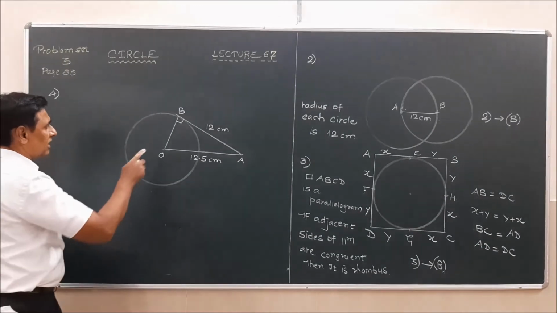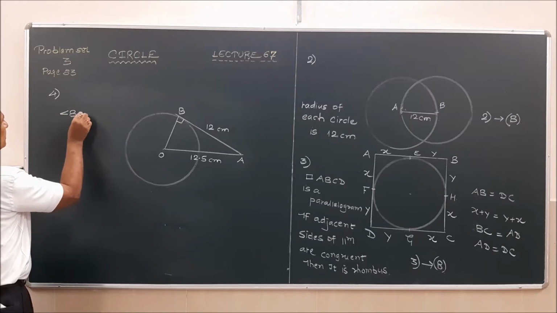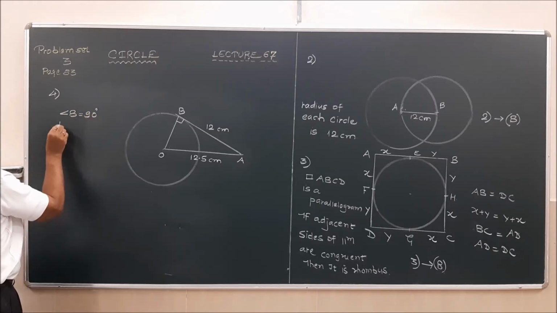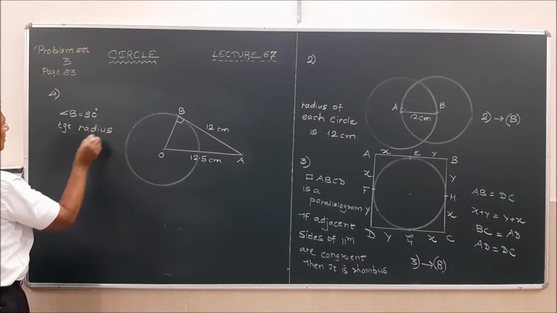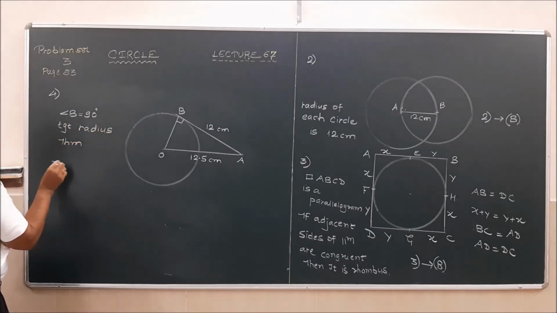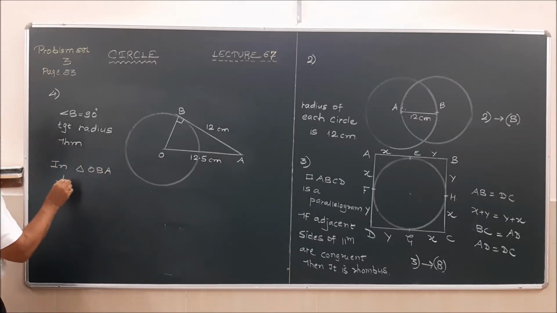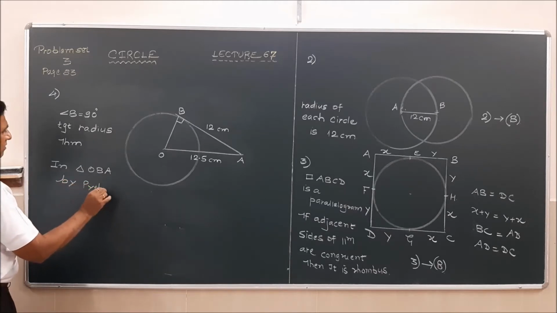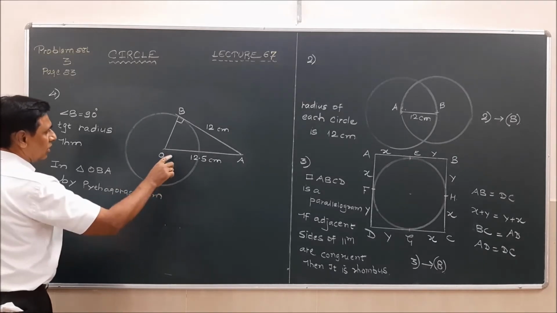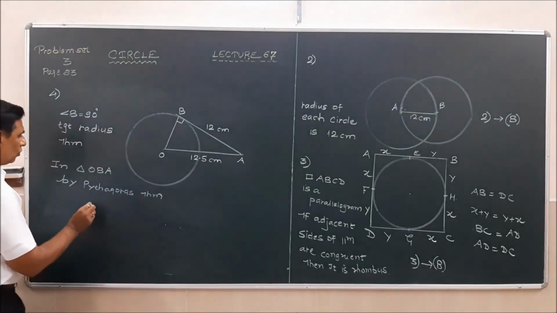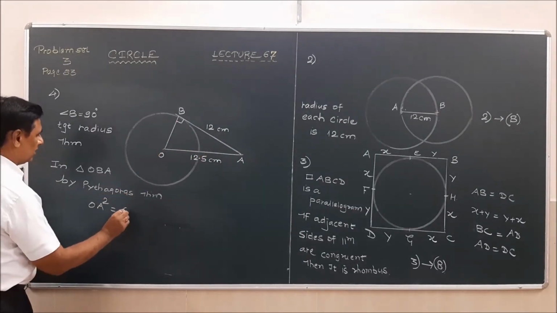So let's see here. You all know angle B is 90 degrees. The tangent is perpendicular to the radius. So in triangle OBA, by Pythagoras theorem, OA is the hypotenuse, so OA square is equal to OB square plus AB square.